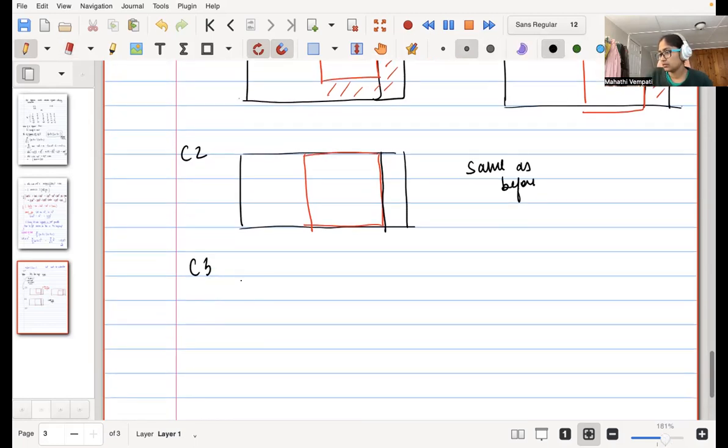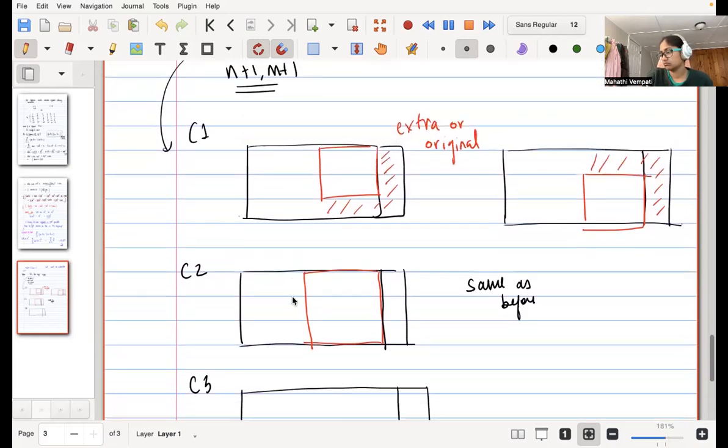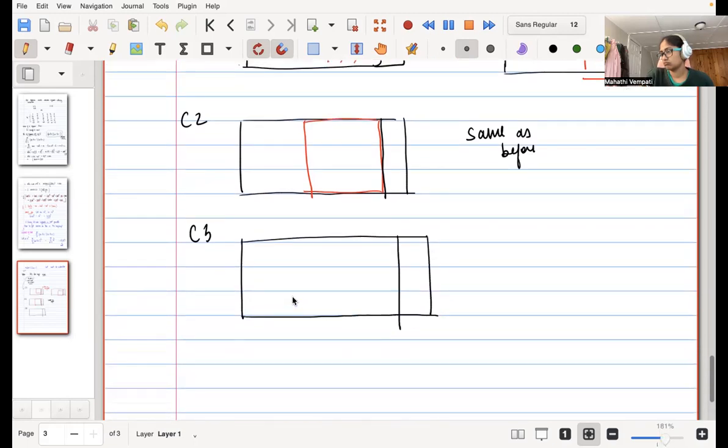Now what happens? It's somewhere here. Say, if you need a bigger square, this is the difficult thing for me. Where is the square?